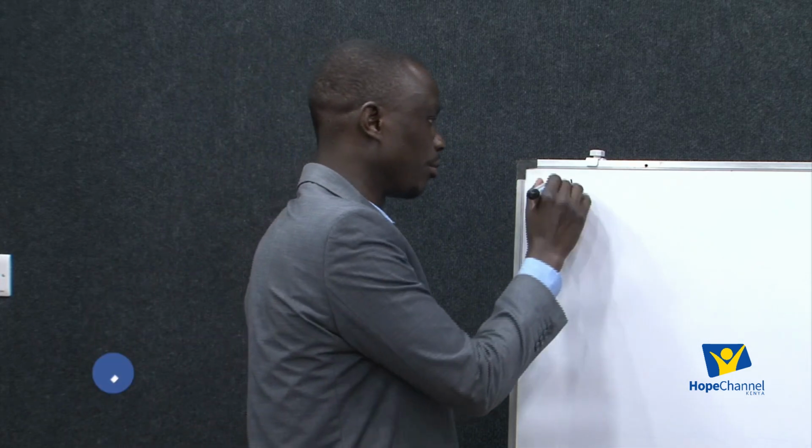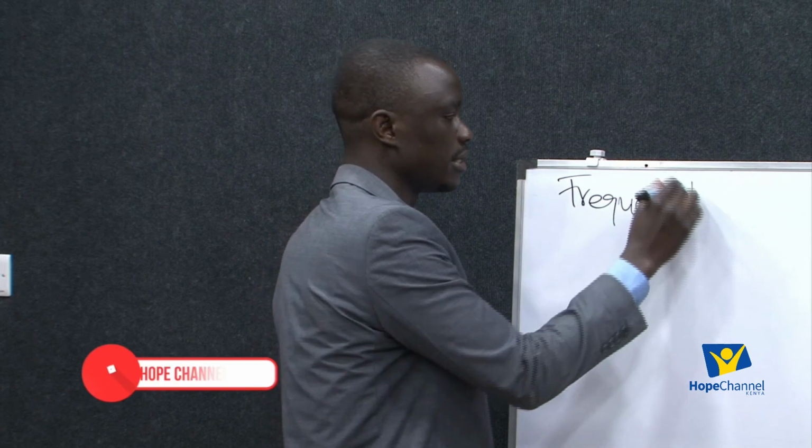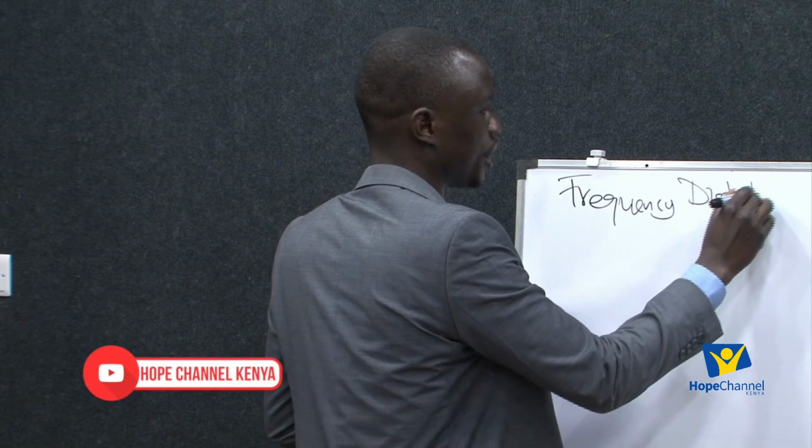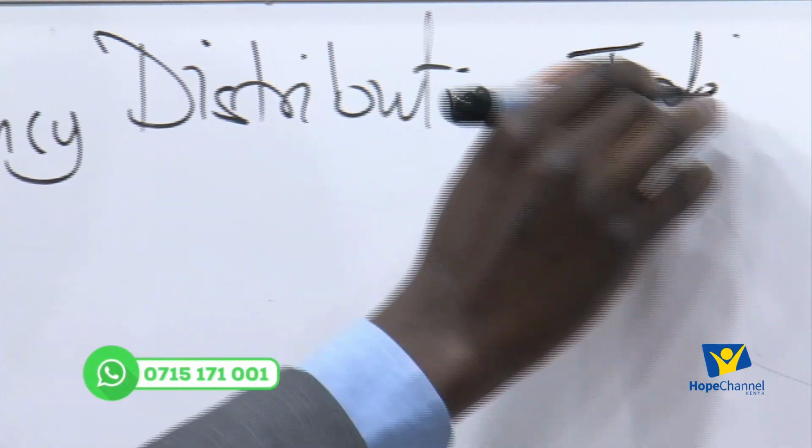And in our previous class, we discussed the definition of statistics, and we looked at methods of presenting data. Actually, what we were looking into is a frequency distribution table.